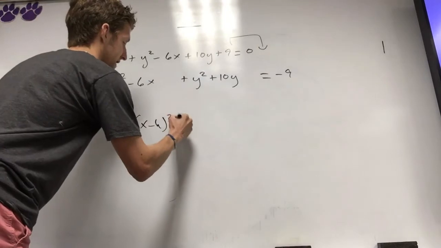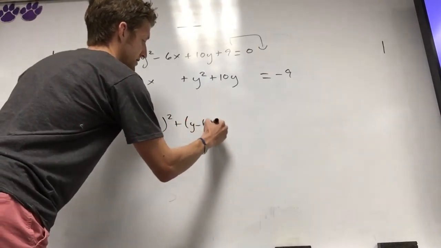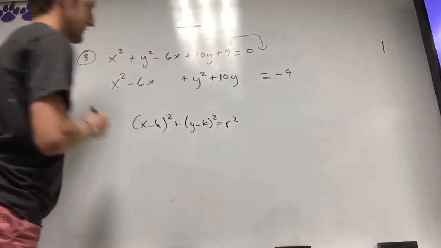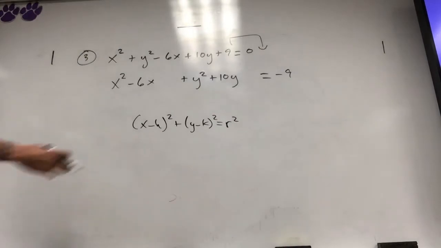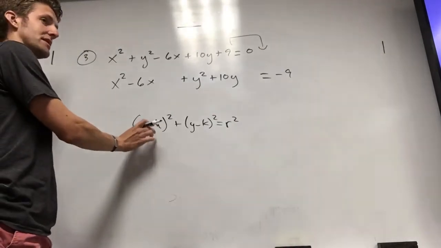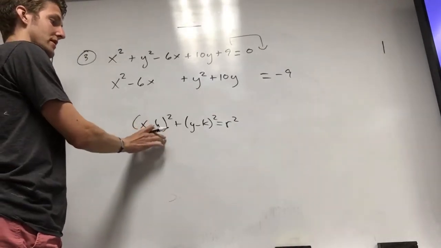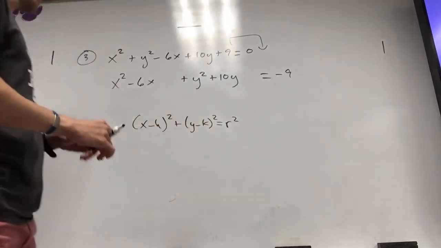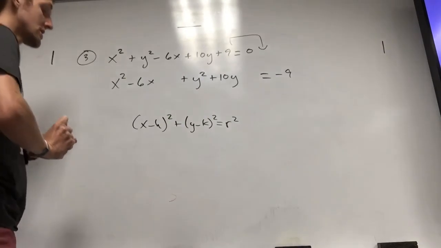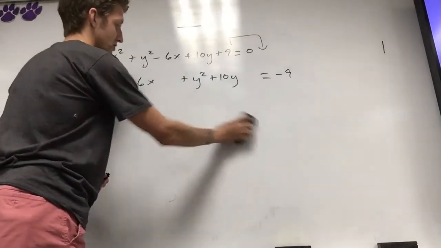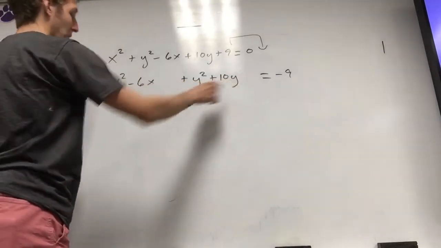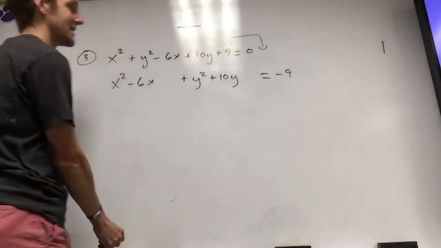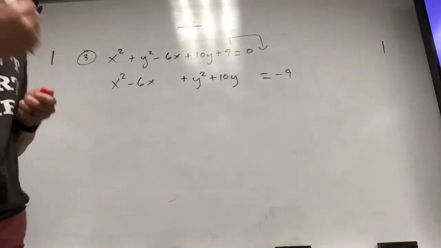Now, guys, from the previous question, know that the standard form for a circle is this: x minus h, squared, a perfect square binomial. So what we're going to do is try to create that here, something called completing the square. How do we complete the square?